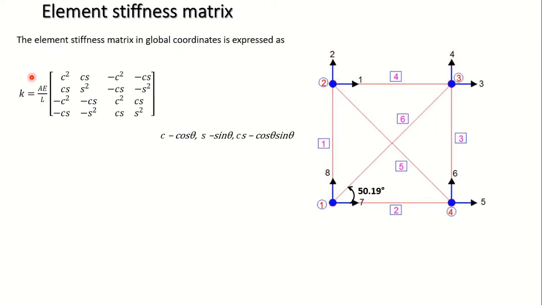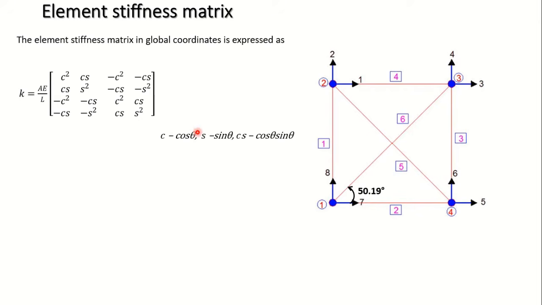So that is what this matrix will be containing: C terms, C square terms, S square terms, and Cs terms. C for cos theta, S for sine theta, Cs for cos theta into sine theta. This theta will be the orientation of the member which we are considering, for which we are writing the element stiffness matrix.